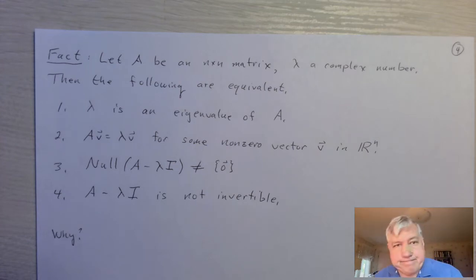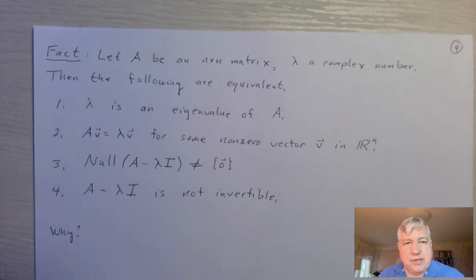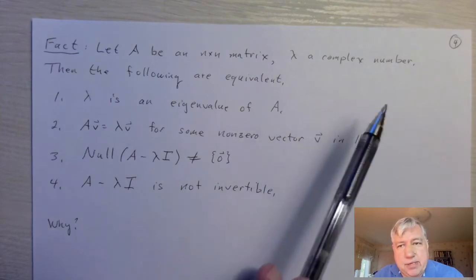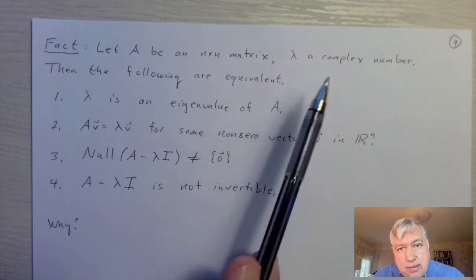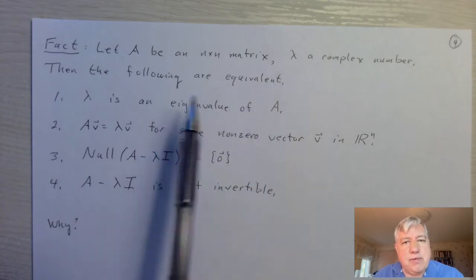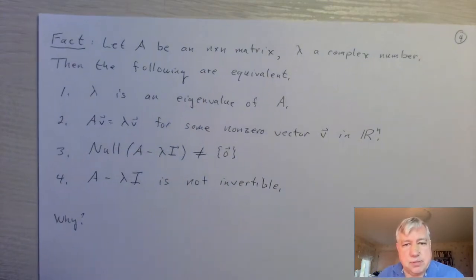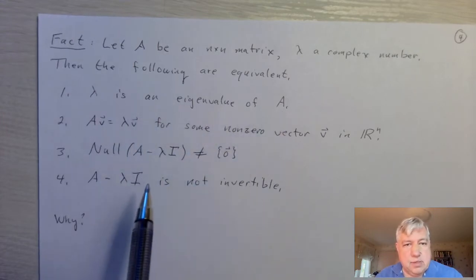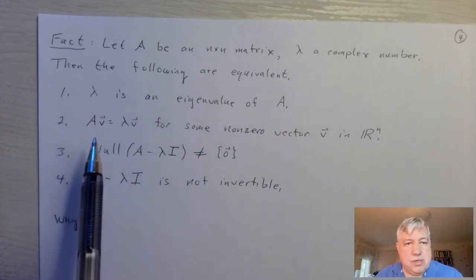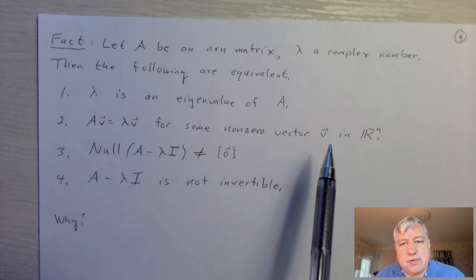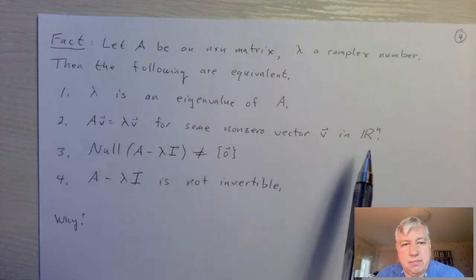So we'll start off with this fact: if A is an n by n matrix and lambda is a complex number, which of course means lambda could also be a real number, then the following statements are equivalent. First, lambda is an eigenvalue of A. Number 2 says Av equals lambda v for some non-zero vector v in R^n.